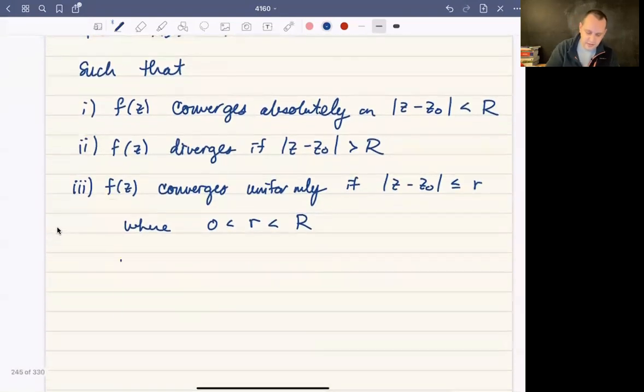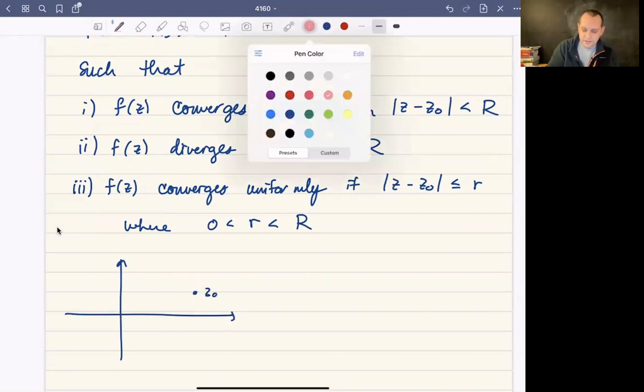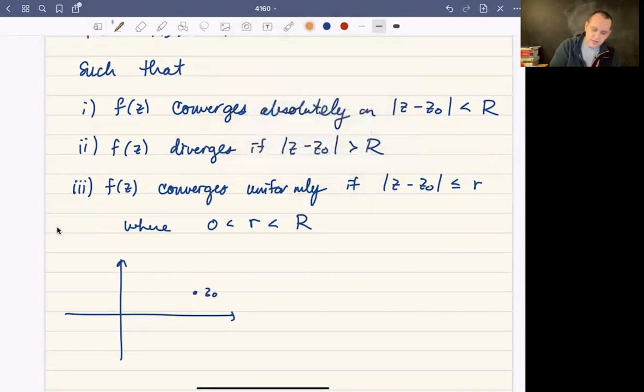So the idea is that you have the complex plane, you have some complex number z naught, and then you're going to have a radius of convergence. Okay, so that means that there's going to be some circle. This is now where all the terminology comes from, if you've ever wondered why it's a radius of convergence.